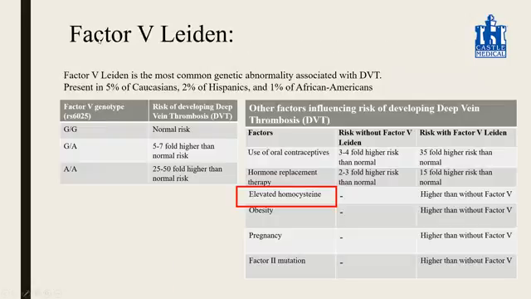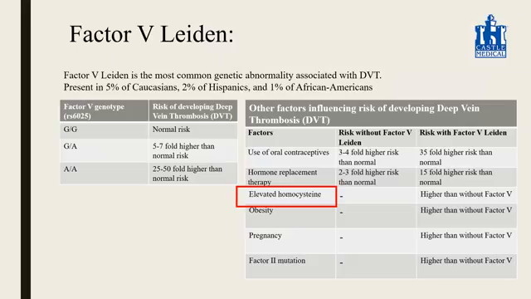So now, factor V Leiden. Factor V Leiden is the most common cause of deep vein thrombosis. Now in the small table you see, when the factor V mutation result is GG, it means you have normal risk. It's a normal result. You have average risk of developing deep vein thrombosis.